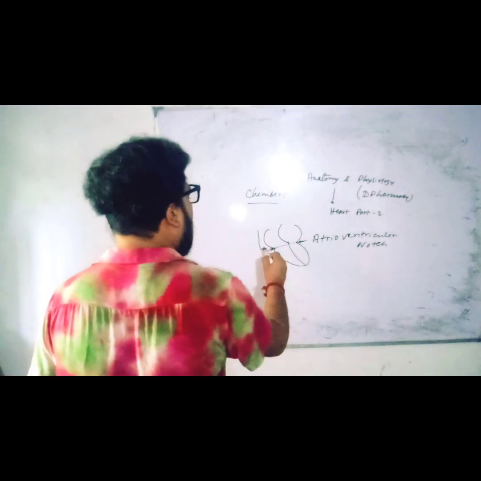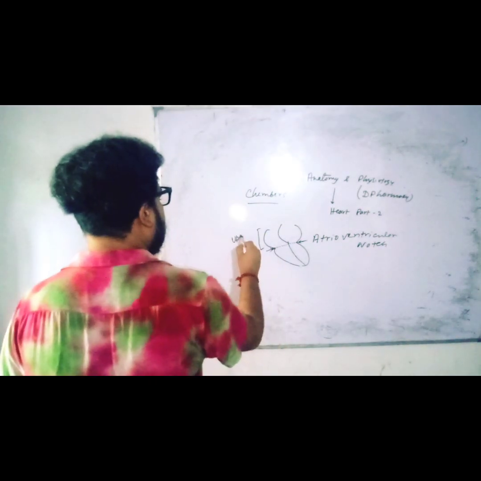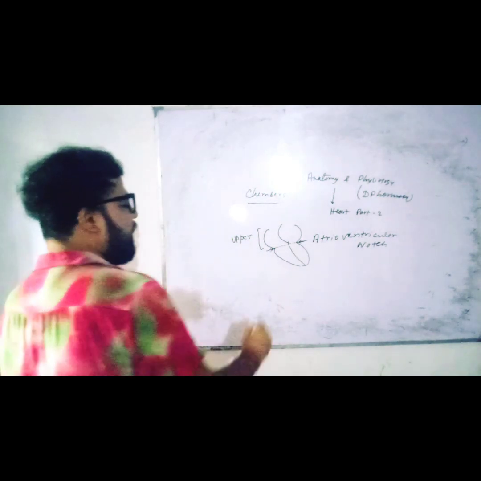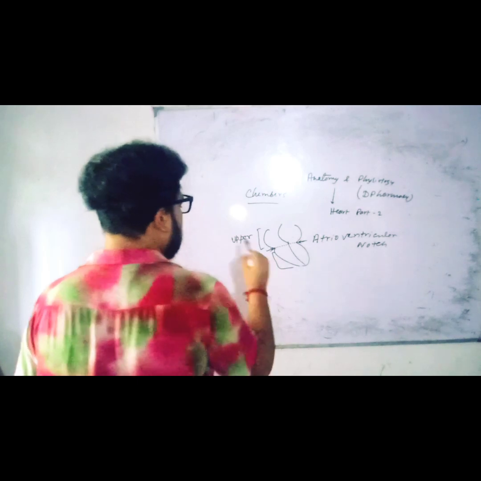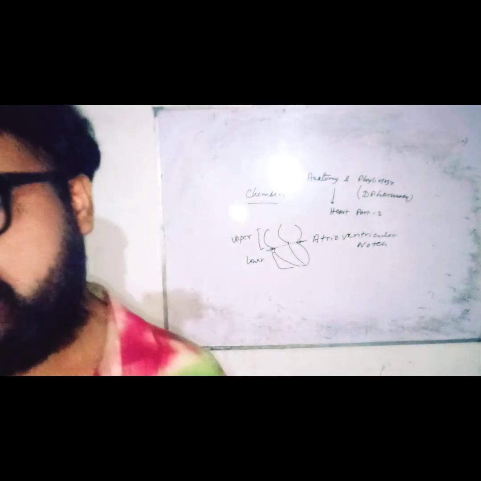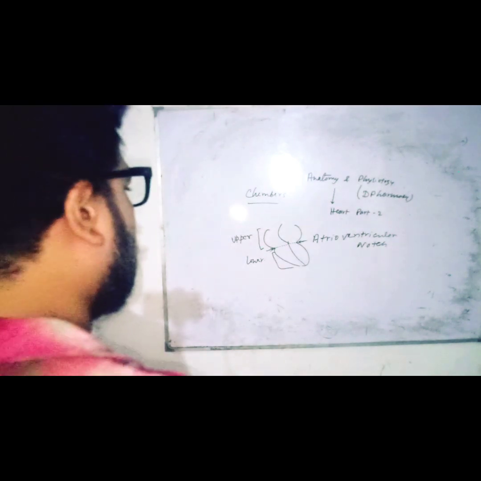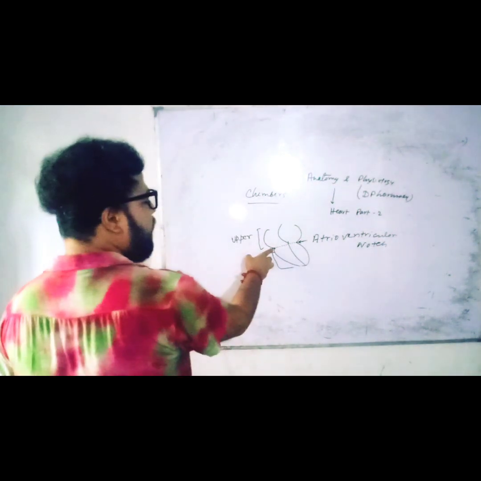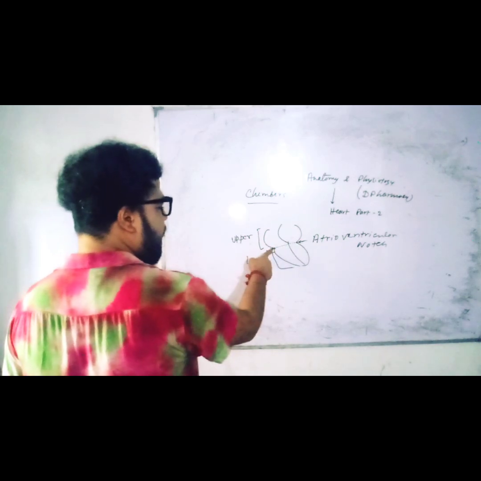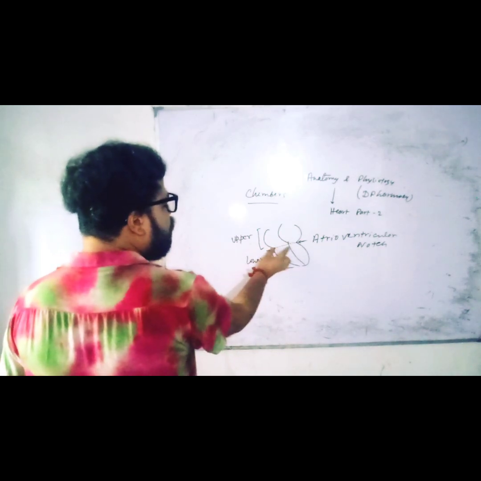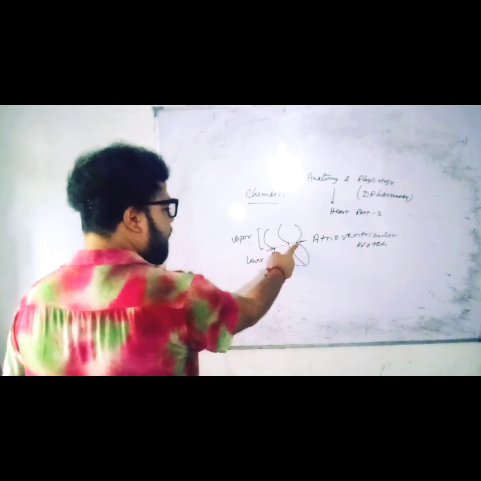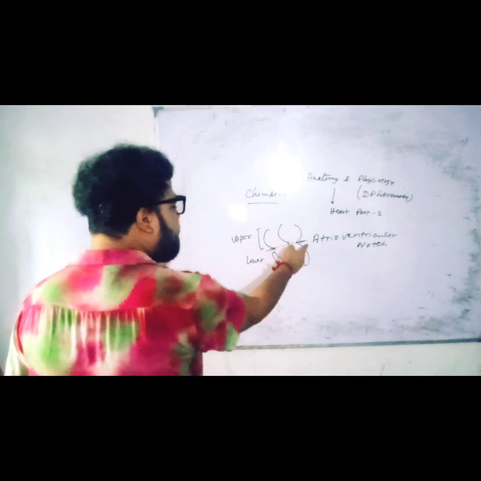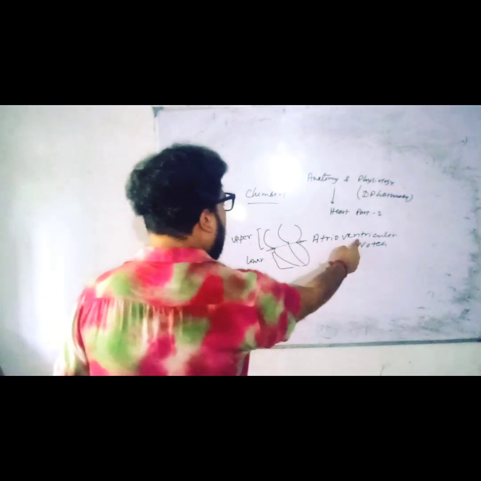This part is called the upper part of the heart, and this part is called the lower part of the heart. So if you imaginarily draw a line through the two notches, this will be your imaginary atrioventricular line.